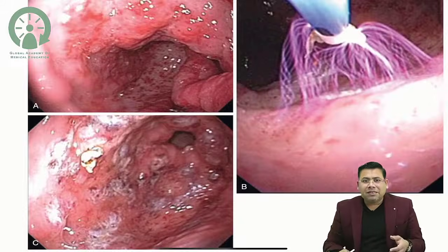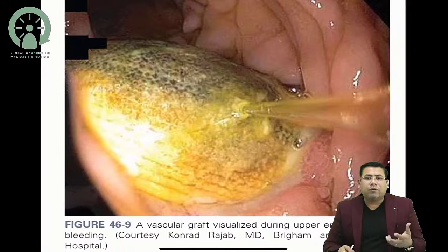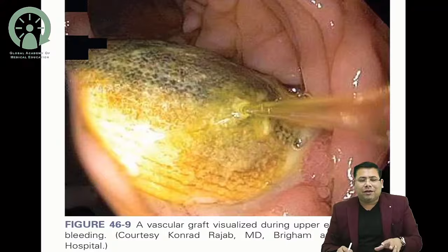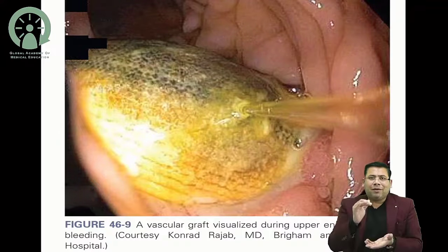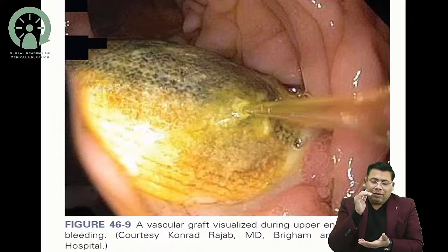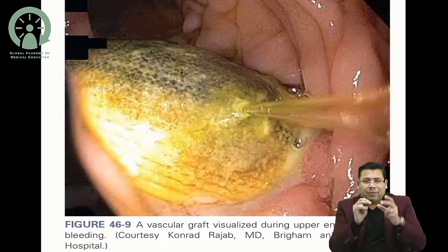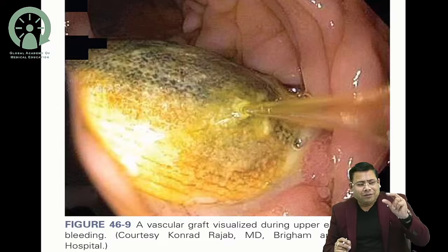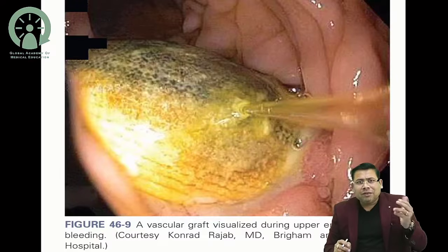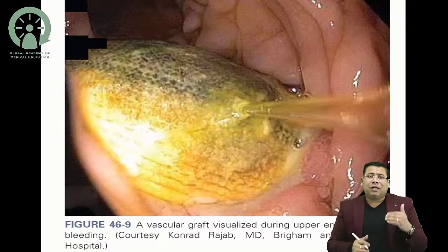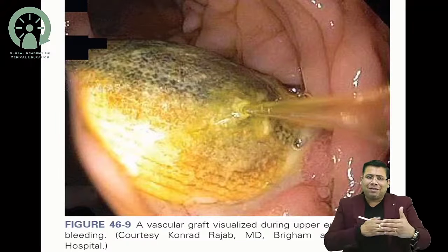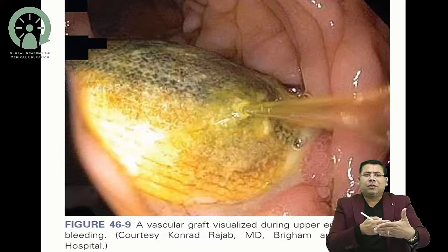So there are a lot of things. Then there is one more cause that is known as aortoenteric fistula. How do you get to see aortoenteric fistula? This is post aneurysmal repair. Whenever there is infection along the aneurysm repair site, the anastomotic site is weakened, because of the infection the blood leaks out, resulting in pseudoaneurysm, and since majority of the time it is the infrarenal aneurysm, it is in close connection with the third part of the duodenum.